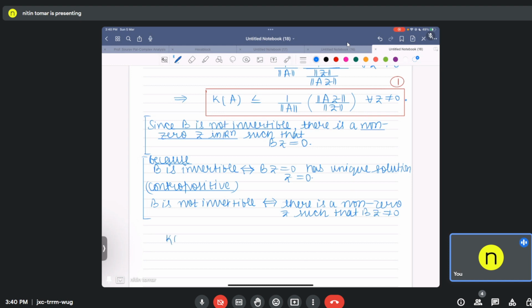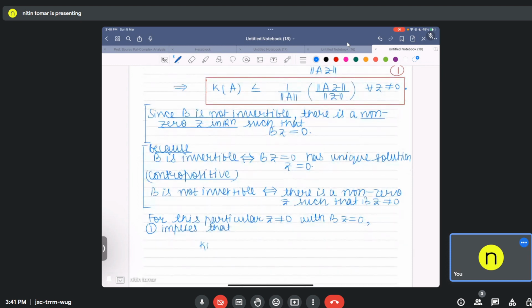So can I say kappa A for this particular Z non-zero with norm Bz equal to 1 implies that kappa A will be less than or equal to 1 upon norm A.